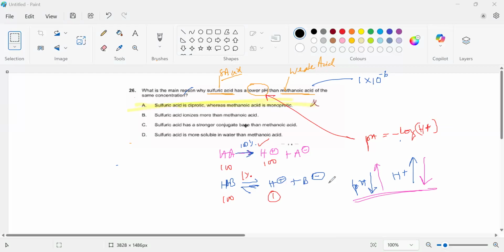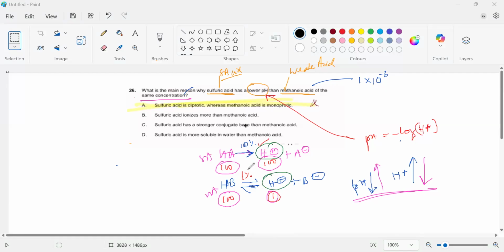It's inversely proportional. So we know that if we take the same concentration of sulfuric acid, 100, and the same concentration of methanoic acid, 100, how much H plus will you get for the sulfuric acid, a strong acid? 100 roaming around. And for the weak acid, what happens? You're getting one. Who is the main player of acidity? The main player of acidity is completely dissociated H plus ions.